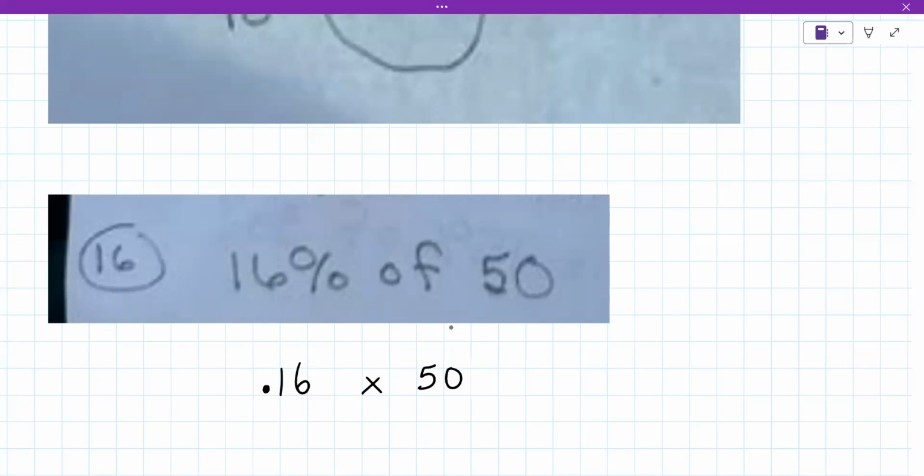That's right. It would just be 8. That's correct.